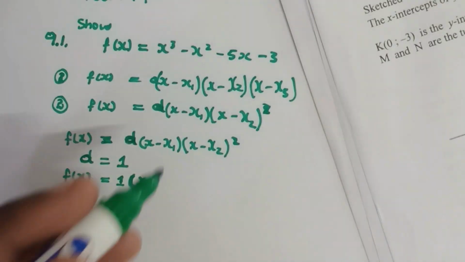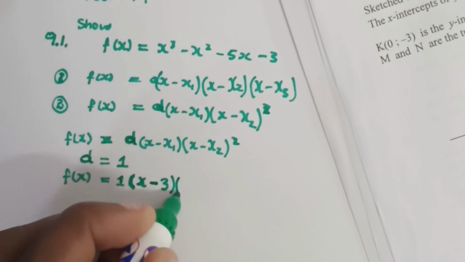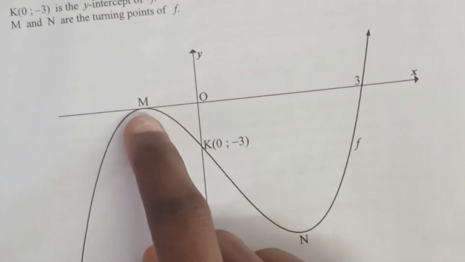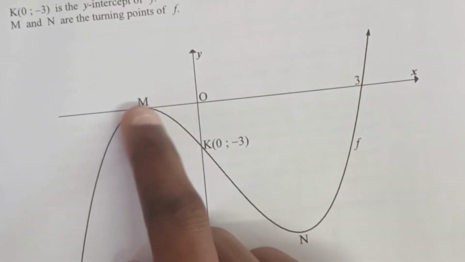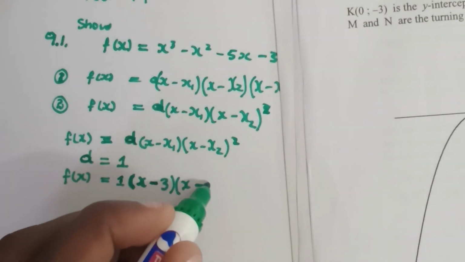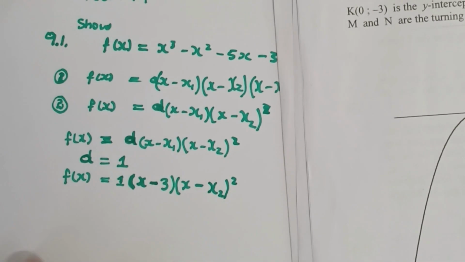So let's plug in that 3 here, and then x minus our x2 here. You can see that this is the turning point, but also an x-intercept. But we don't have the x2 here, so we just say x2, and then we raise everything to the power 2.